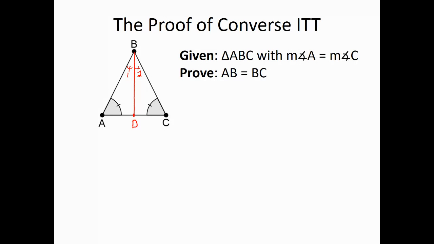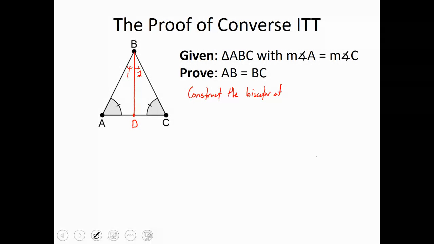Now, when we add a construction to a diagram, we need to say that we have done so. So: construct the bisector of angle B. We know that's one of our allowed constructions, so we have now done that. And I'm going to do a paragraph proof.